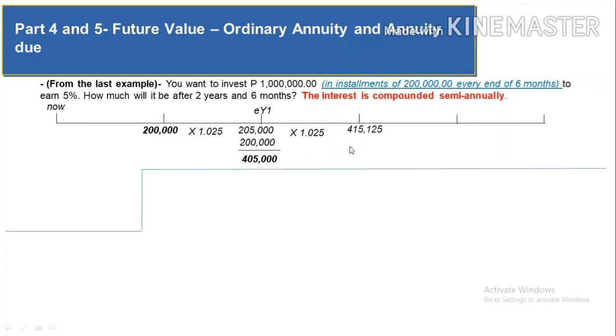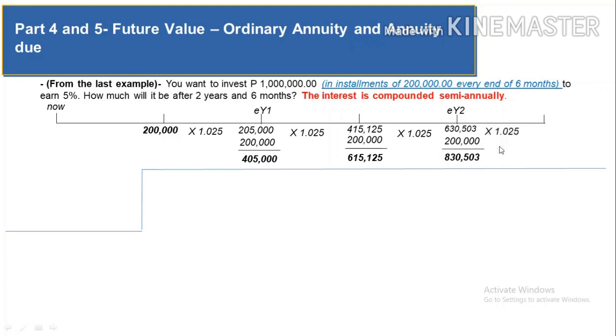You have 415,125 plus the third 200,000 that you're gonna invest. You have 615,125. You multiply that again by 1.025, you're gonna get 630,503. The fourth investment of 200,000 will be added, and then you're gonna get 835,03.